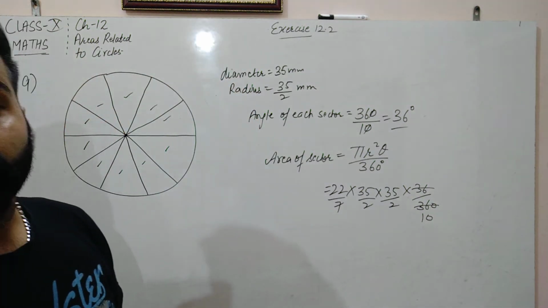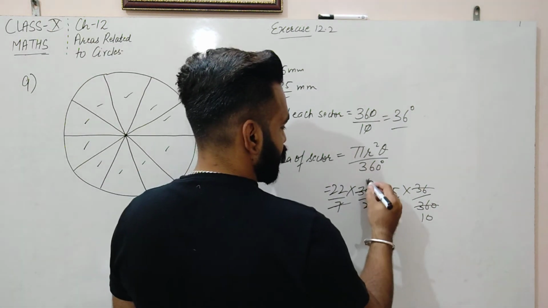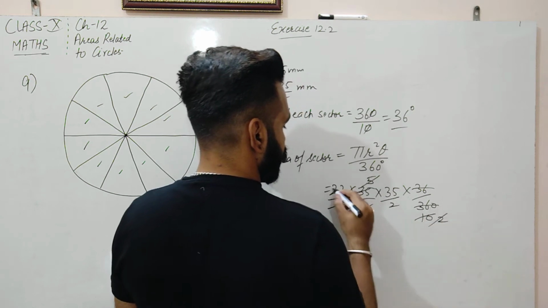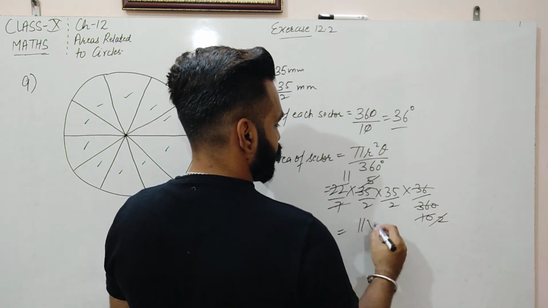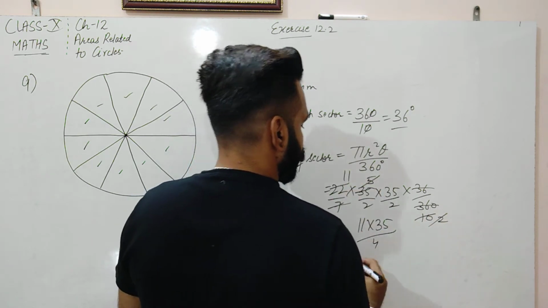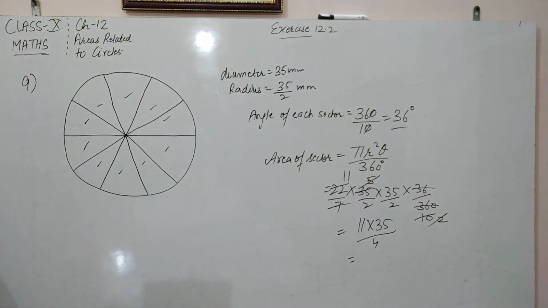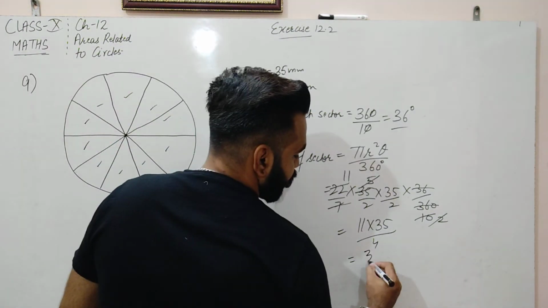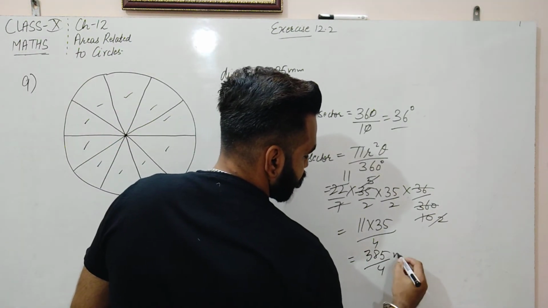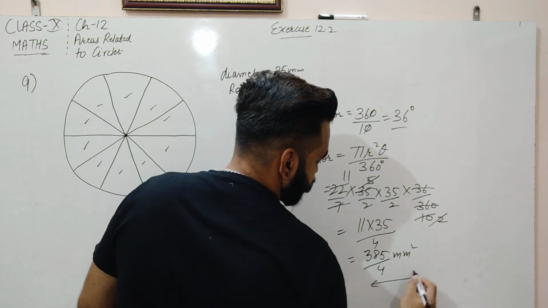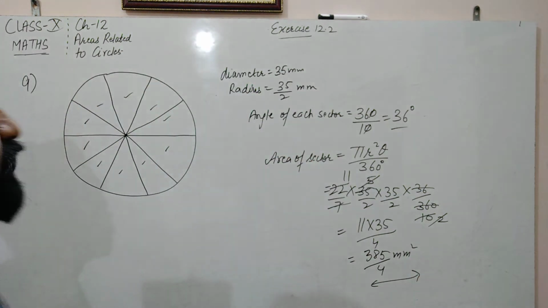So now we have to simplify. So the final answer will be equal to 385 by 4 millimeter square. So this is the final answer. This was question number 9.